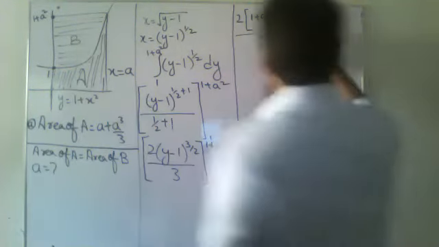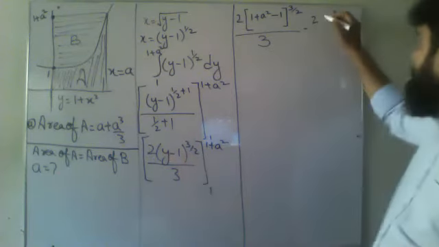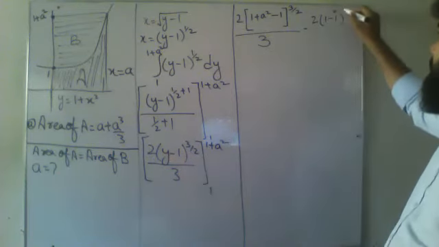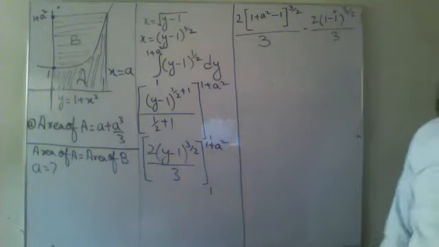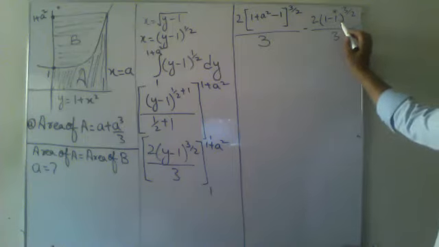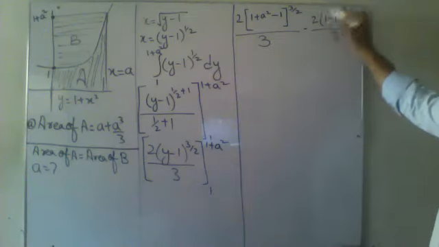So, minus 2 over 3 times (1 minus 1) power 3 upon 2. Right? 1 minus 1 will be 0. 0 multiplied by everything, this whole thing will become 0.